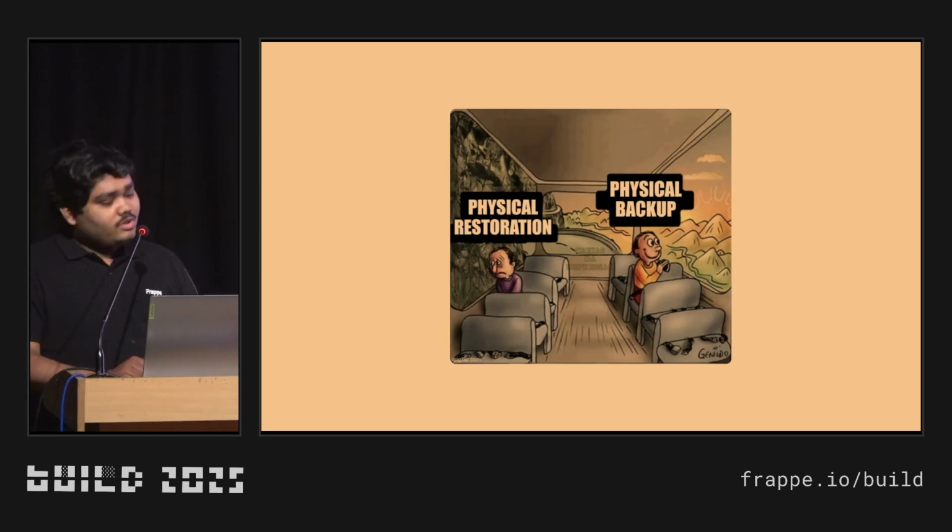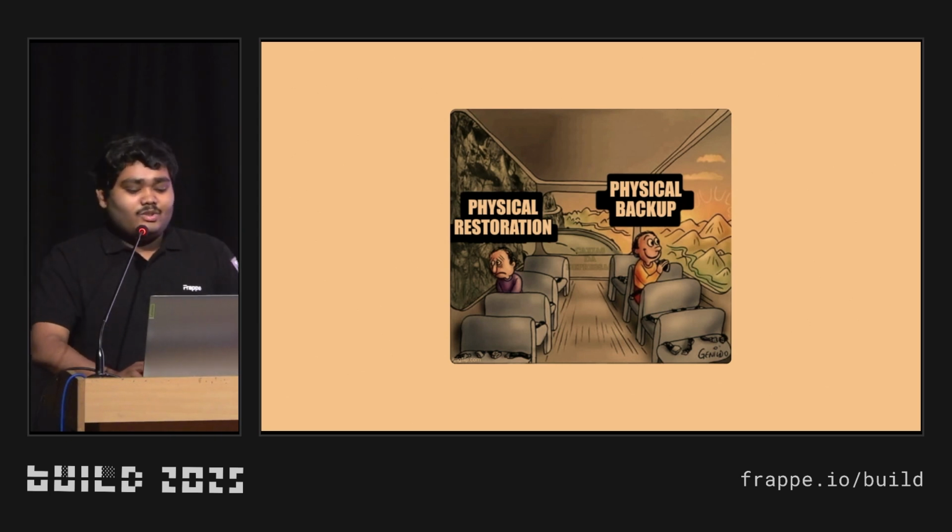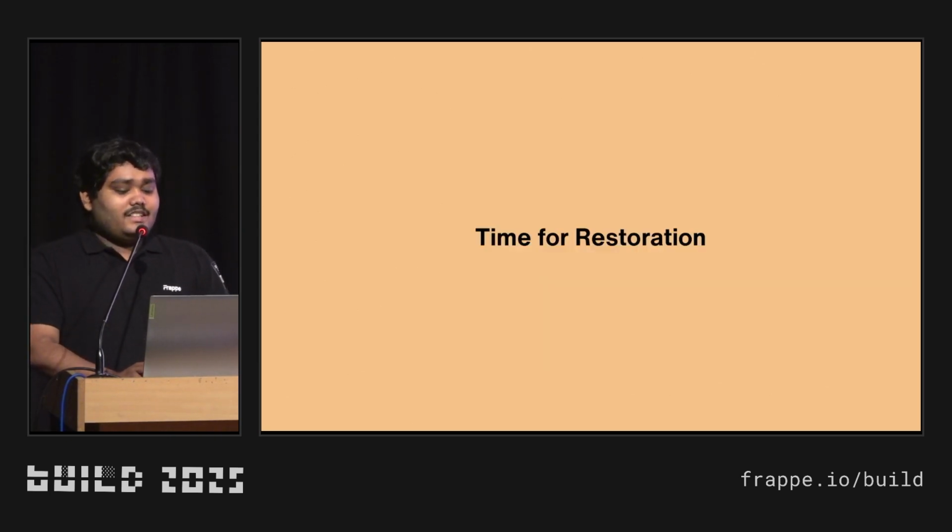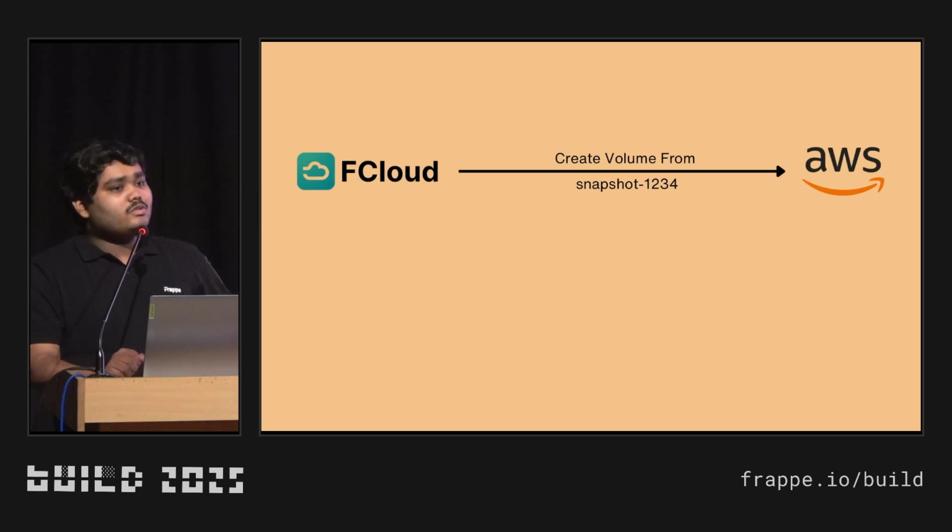Compared to logical backup, physical backup is the happy way, but restoration comes with many hidden things. So let's see the restoration procedure. To begin with, we need to convert the disk snapshot we took into a volume first. In the case of FC, we just use AWS APIs to create the volume.